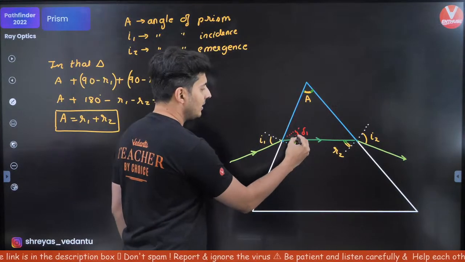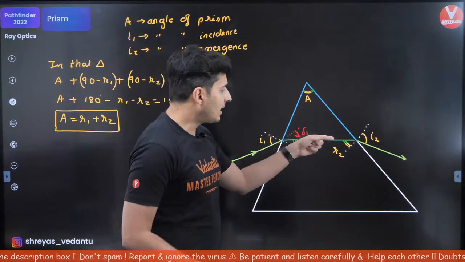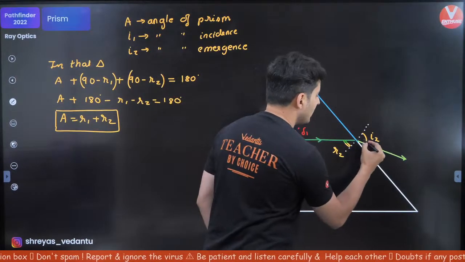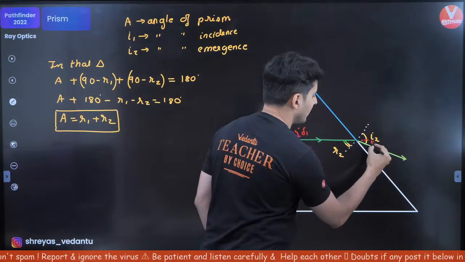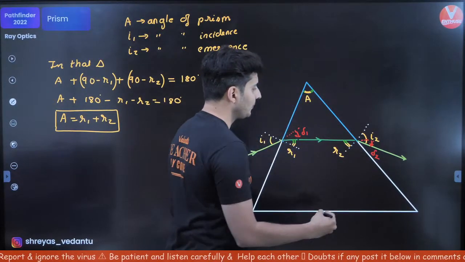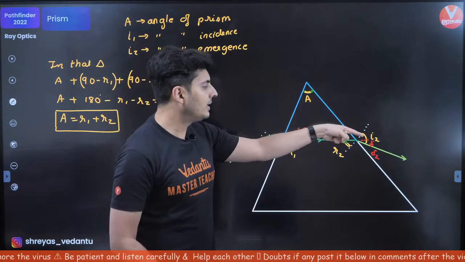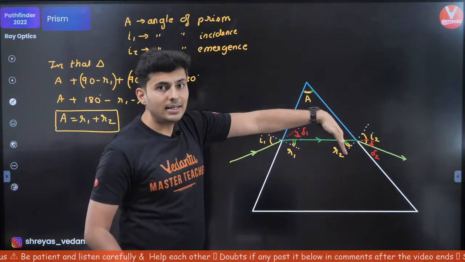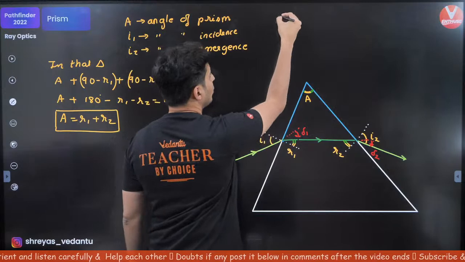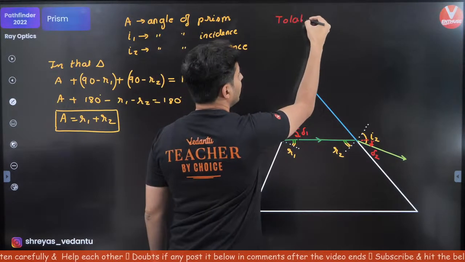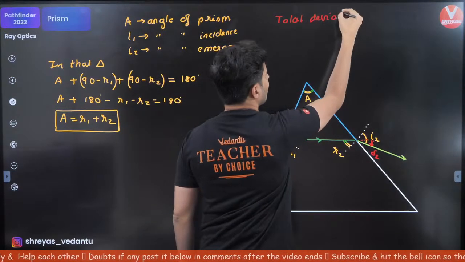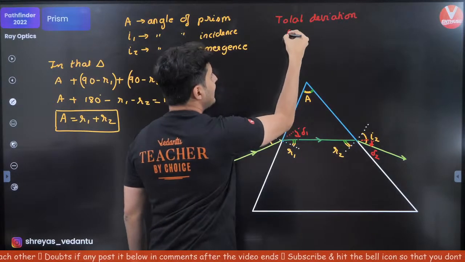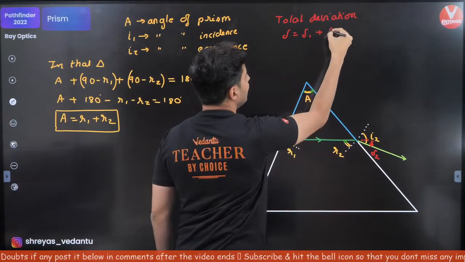And as soon as it goes here, again it deviates by a certain angle. Let's say delta 2. It deviates by delta 1 and then deviates by delta 2. So the total deviation, which is delta, will be delta 1 plus delta 2.